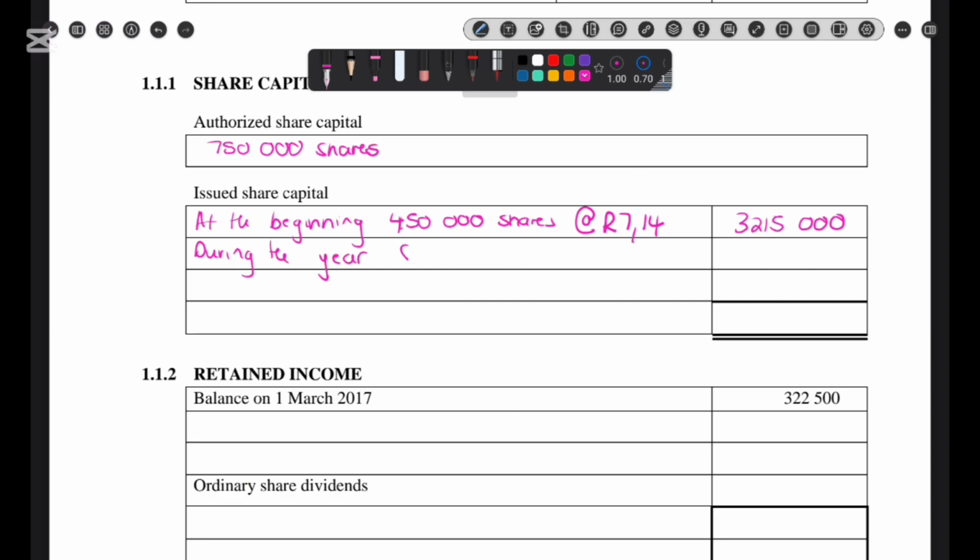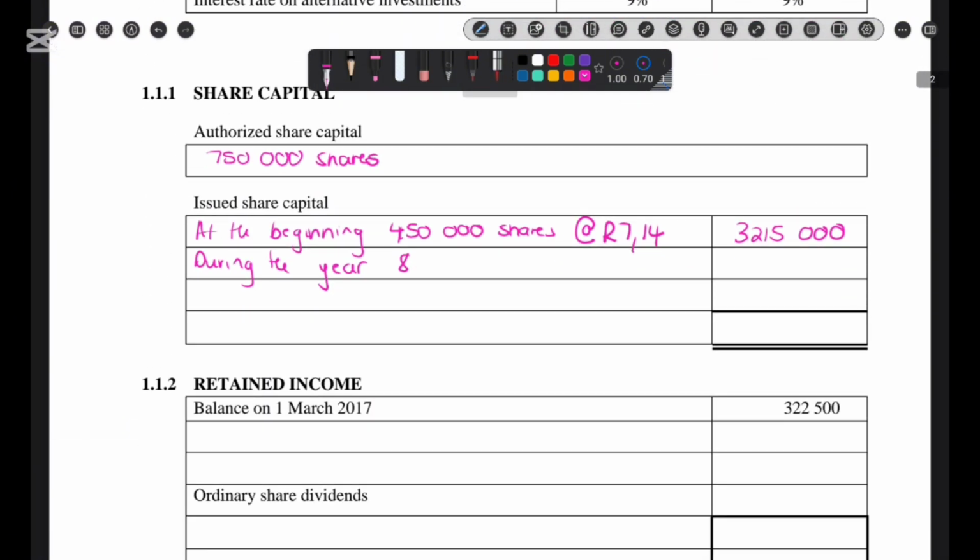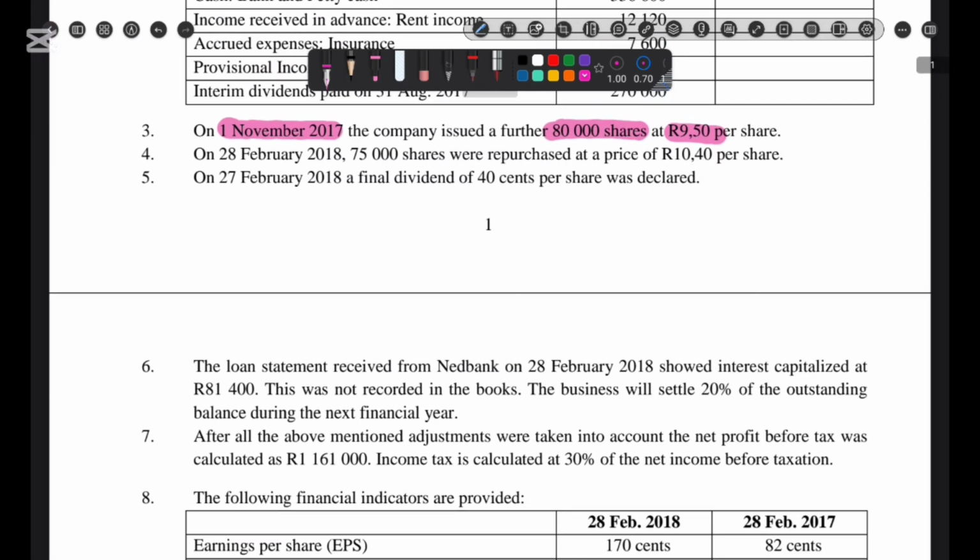The shares were 80,000 shares at 9.50 rand. Now if I take my 80,000 times my 9.50 rand, that would give me 760,000. That's my shares issued during the year.